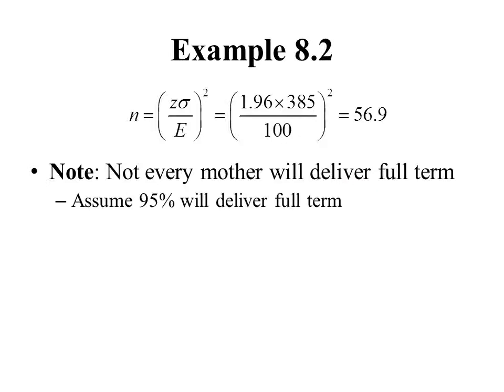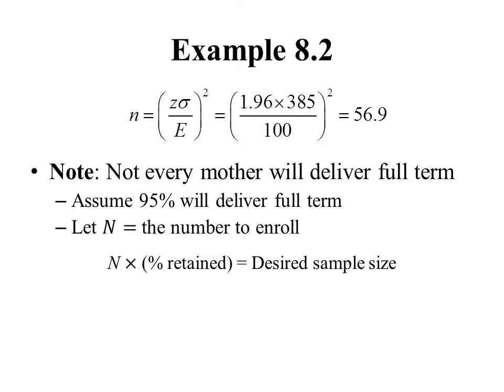So let's assume that 95% will deliver full term. Now this 95% number has nothing to do with our 95% confidence level. It's just an assumption that we're making about full-term births. We're assuming that 95% will deliver full term. So let's take that into account. Let's let the number n denote the number that we're actually going to enroll in the study.